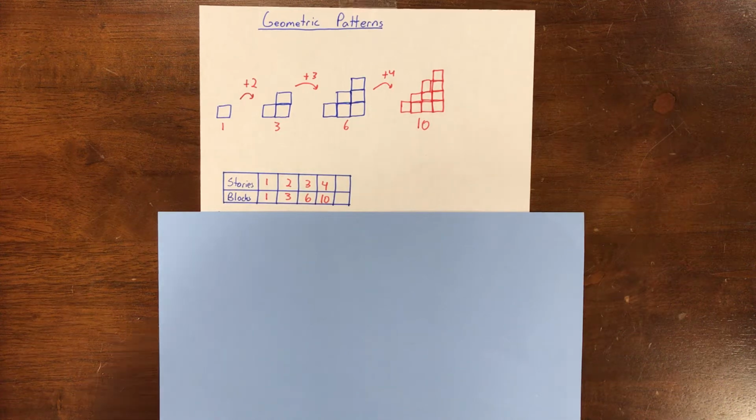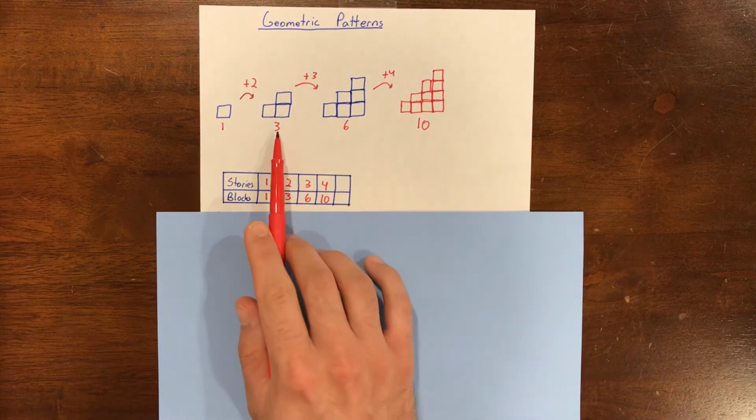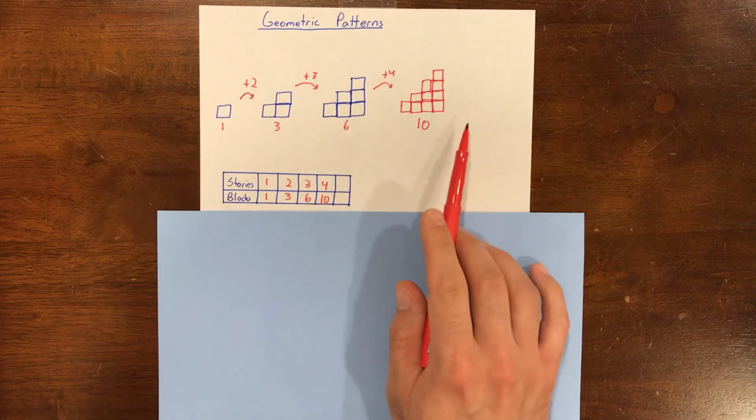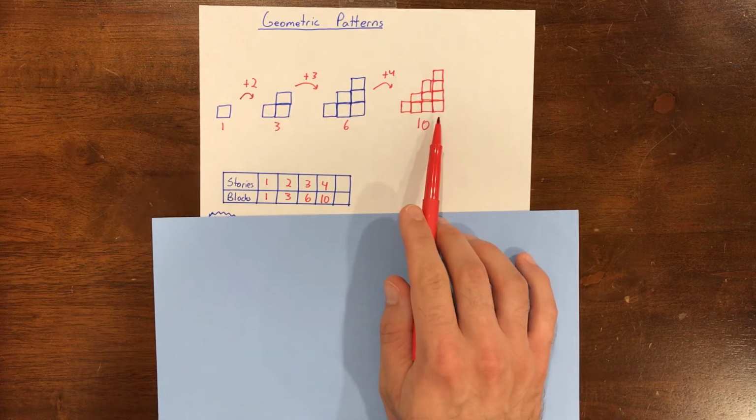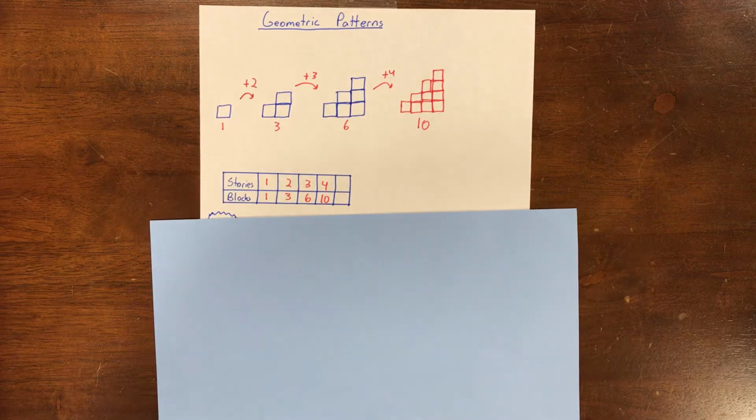Yeah, one of the nice things about geometric patterns is that we can see them. Not only does this make sense in terms of a rule that fits our previous terms, it also just looks right. Each story is adding a tower that is 1 more than the tower before it. So, how many blocks will it take for the 5th story?